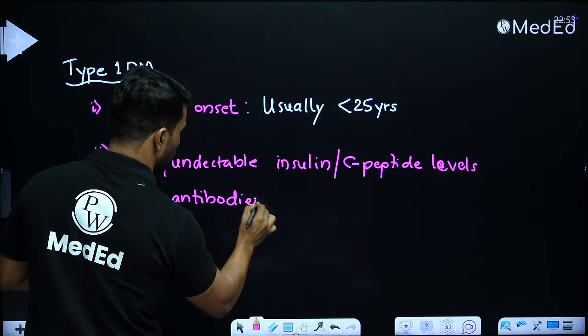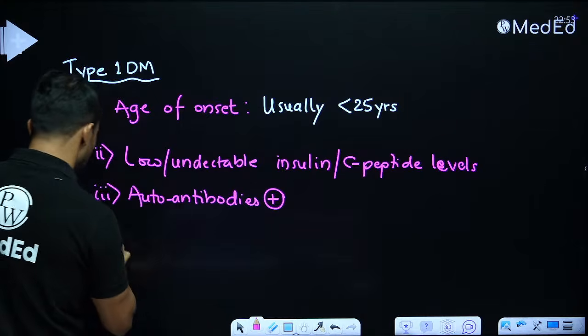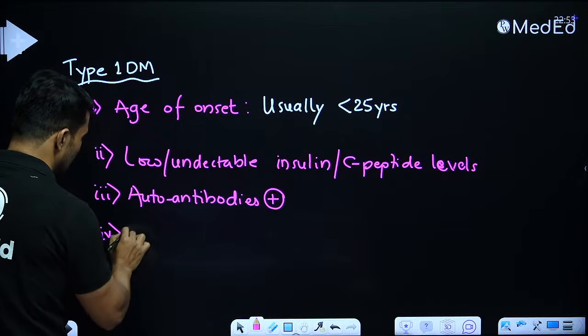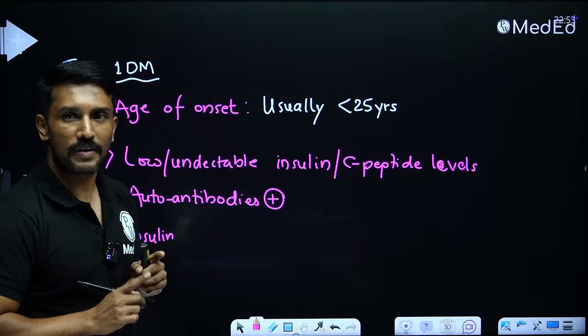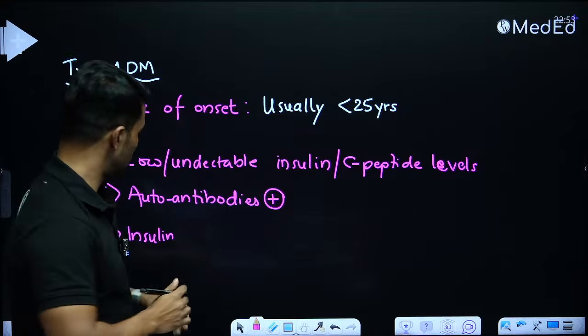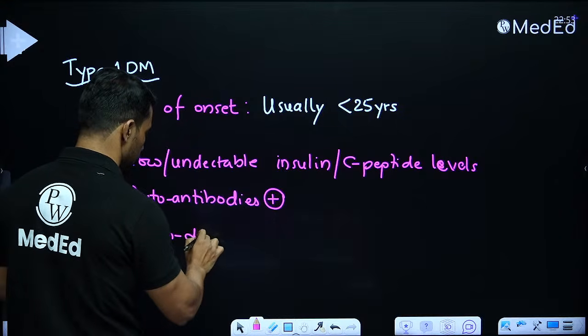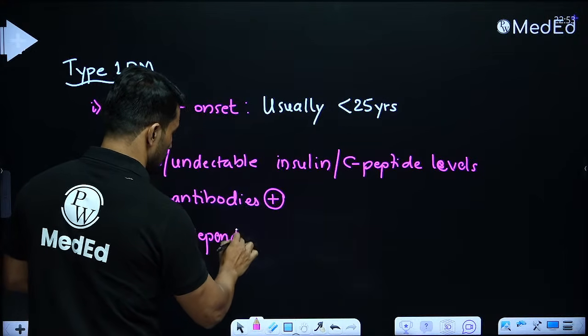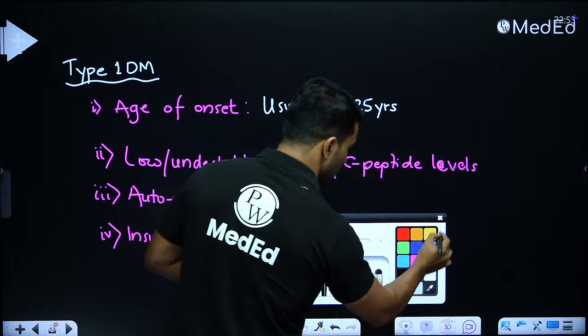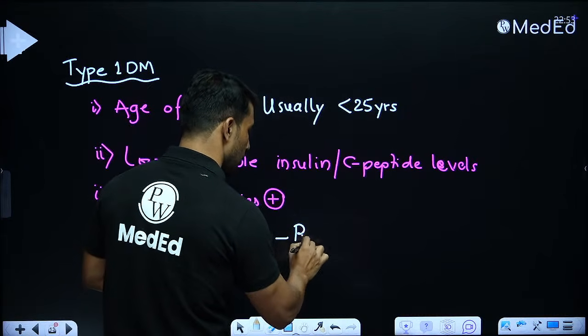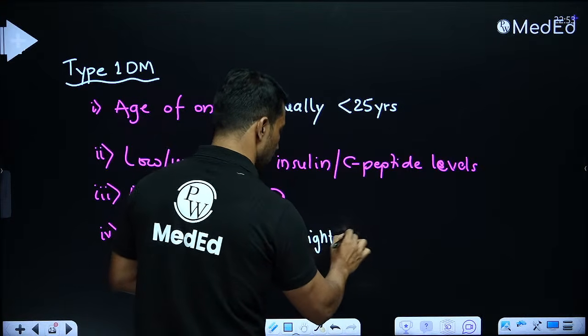Generally, they will have autoantibody positivity. And the fourth point, insulin dependence is there from day 1 of the diagnosis, or day 1 of developing diabetes mellitus. Insulin dependency right from the beginning.